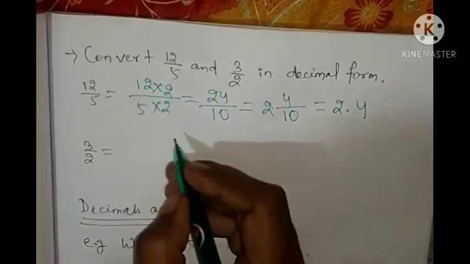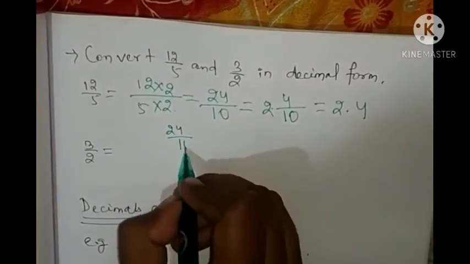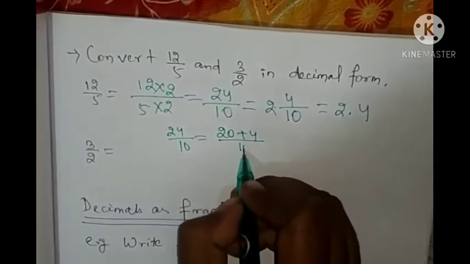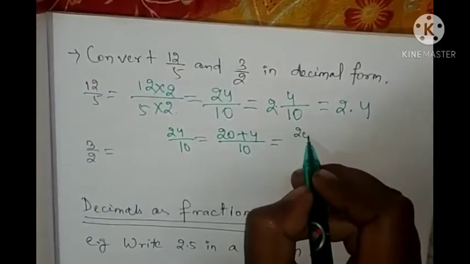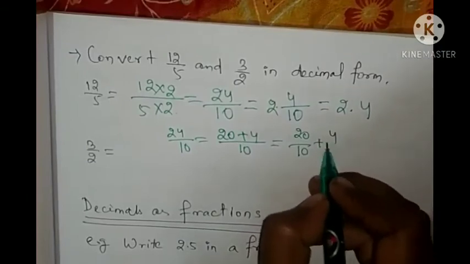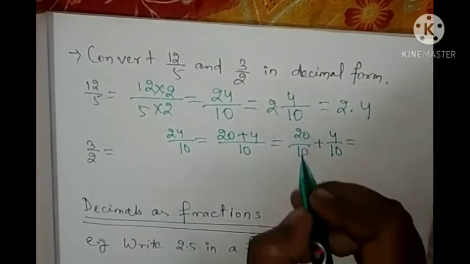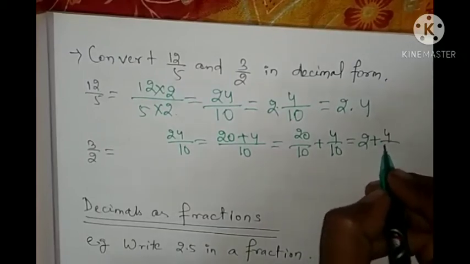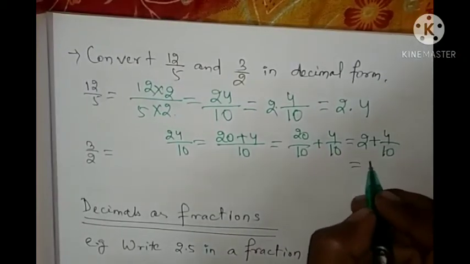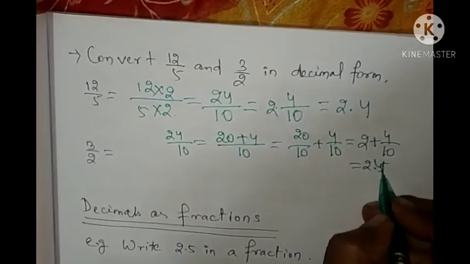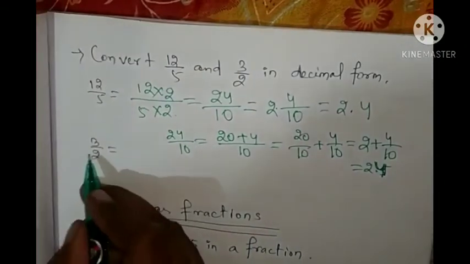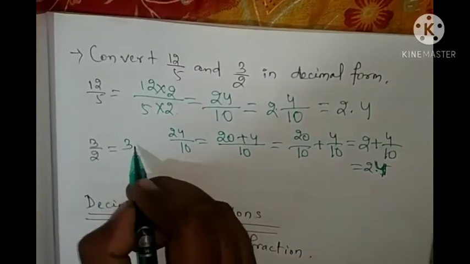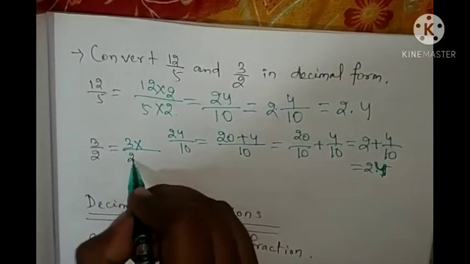Or you can write 24 by 10 equal to 20 plus 4 by 10. So 20 by 10 plus 4 by 10. So 20 by 10 is 2 plus 4 by 10. By this also you can write 2.4. Next you see 3 by 2. 3 by 2 equal to 3 into 5, 2 into 5.